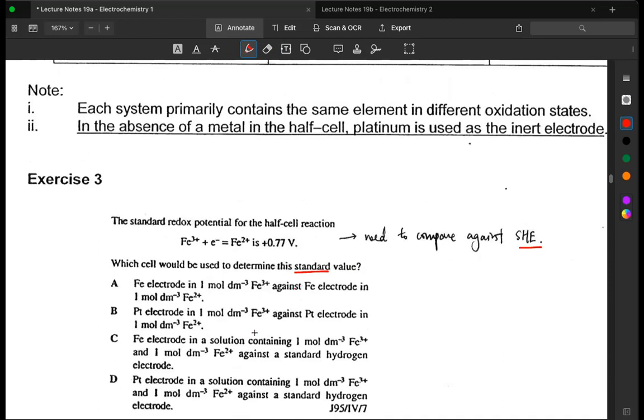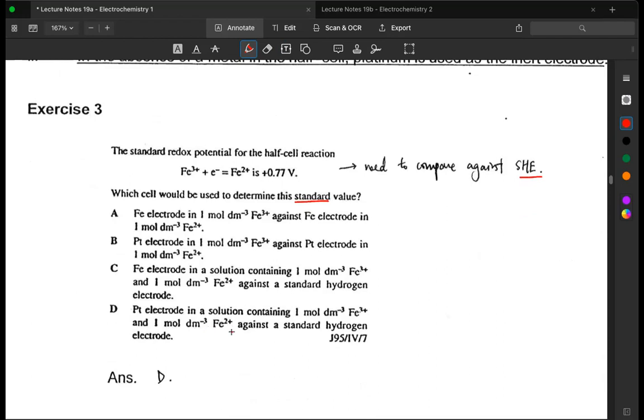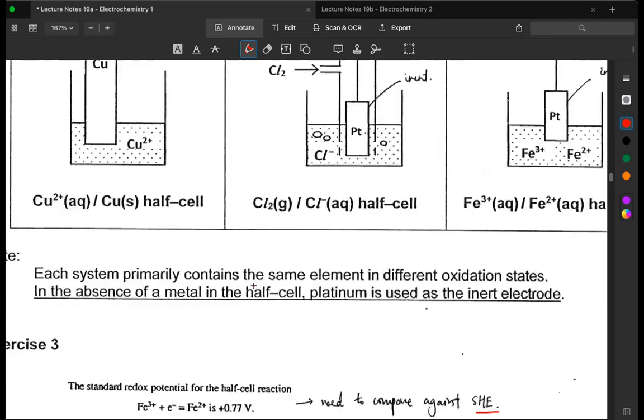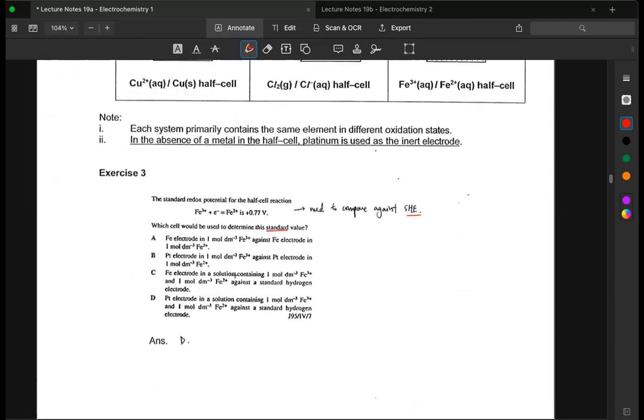The one that is talking about SHE will be D. You must talk about a platinum electrode, not an iron electrode, in a solution that contains 1 mole per dm³ of Fe3+ and 1 mole of Fe2+ against a standard hydrogen electrode. So for this one, you need to connect to a SHE, and the electrode here should be platinum.